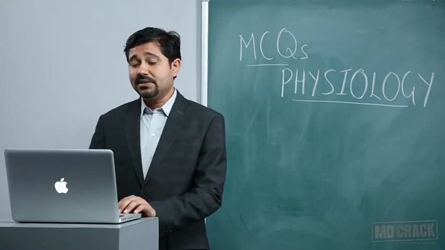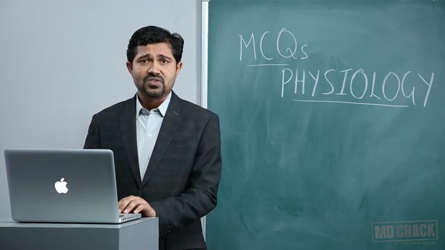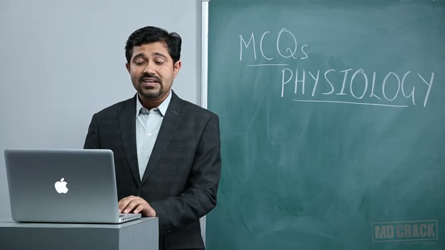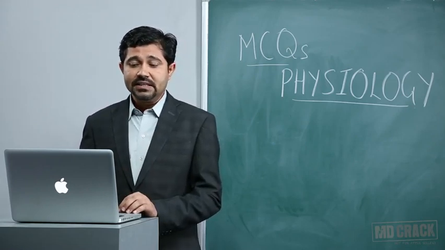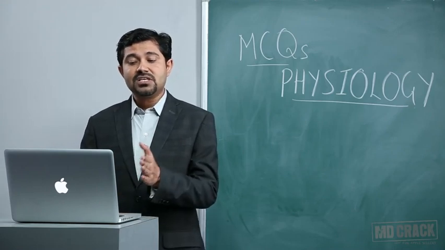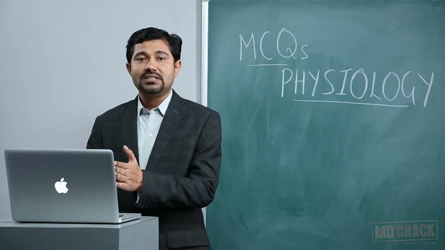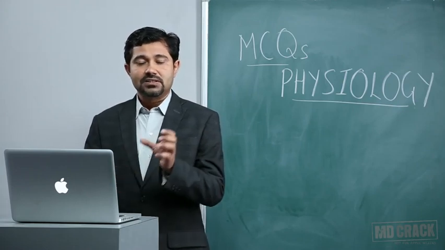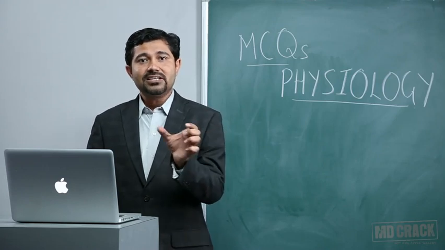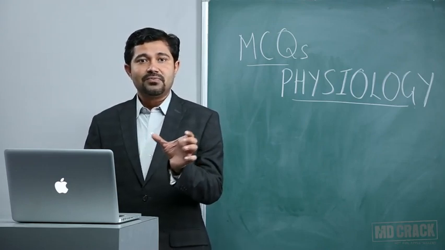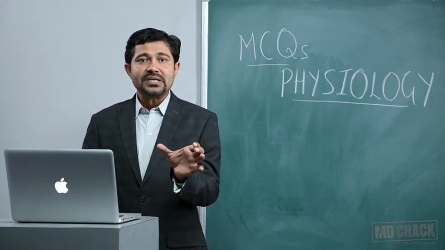The confusion is between the absolute refractory period, relative refractory period, and the refractory period. For that, the definition of refractory period should be very clear. What is the refractory period? It is the period after the first stimulus during which a second stimulus of the same strength is not able to generate an action potential. And this refractory period can be divided into the absolute refractory period and the relative refractory period. The first part is the absolute refractory period. What is its definition?